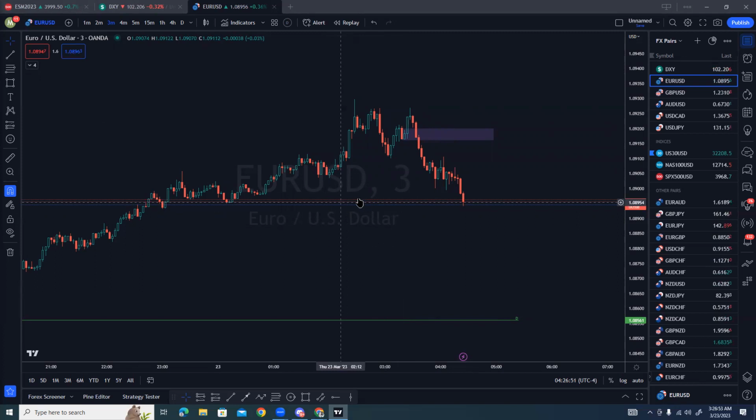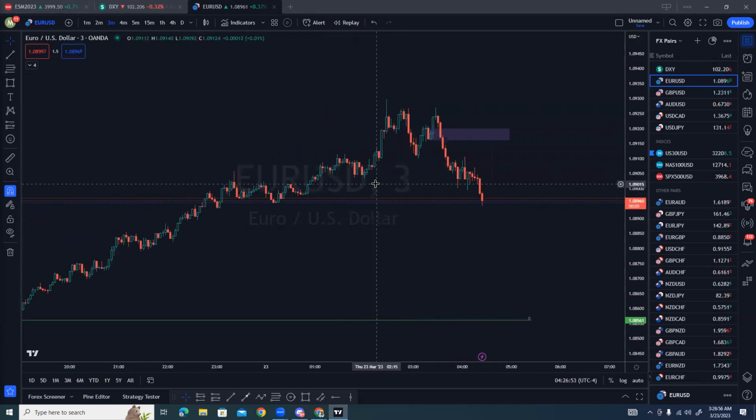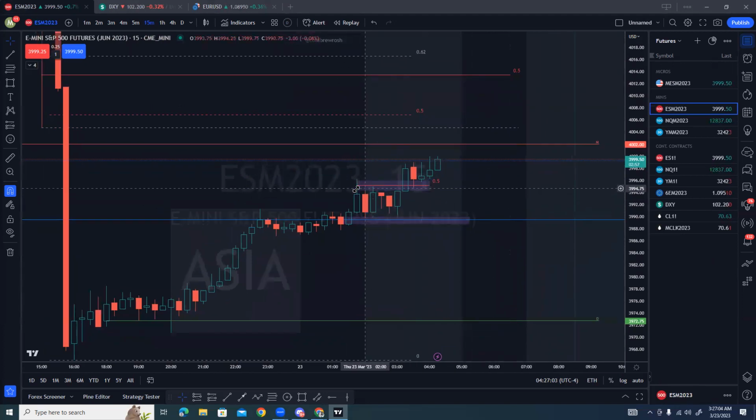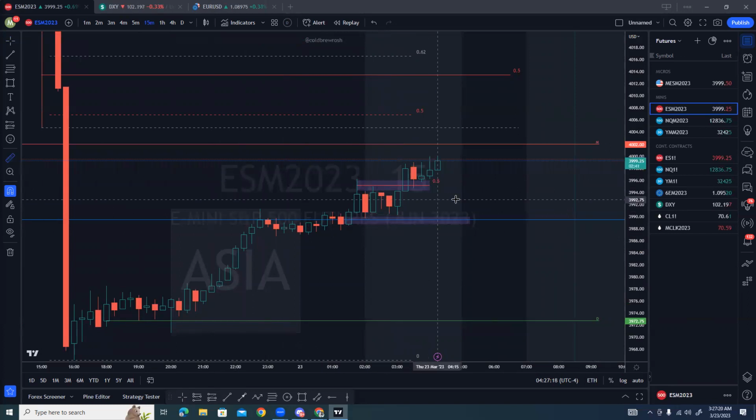Exactly. But with your analysis, especially on the ES, if we're only looking for 5 points on the ES, but with my analysis my target, so my red line is here, let's just say I want to enter on the red line or near it at least.